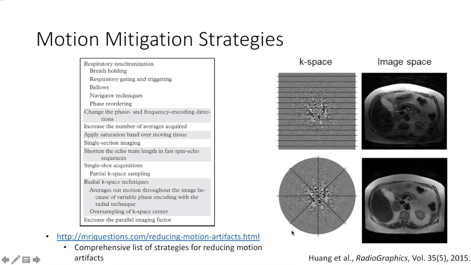It also averages out the motion because of the variable phase encoding, and it oversamples the center, so you can use that information to try to correct for the motion. That's another strategy that's been implemented, and I think spiral and radial acquisitions are used a lot in the body, spiral in particular for the heart.